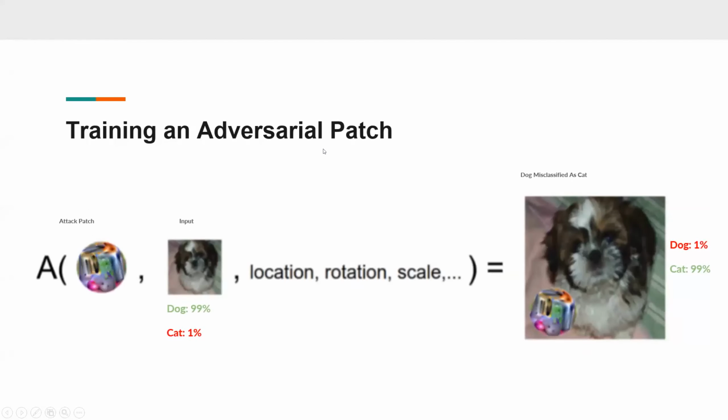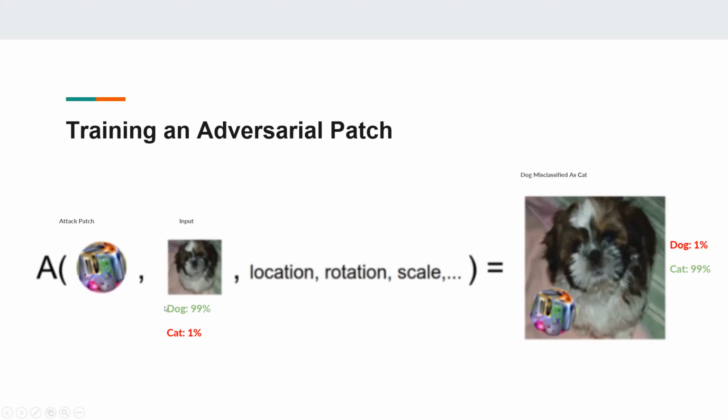So a quick overview of how that's trained. The adversarial patch is derived by applying a random patch and then optimizing for the classification output of a provided class. It could also be untargeted, in which we're basically just maximizing the loss of the true class.